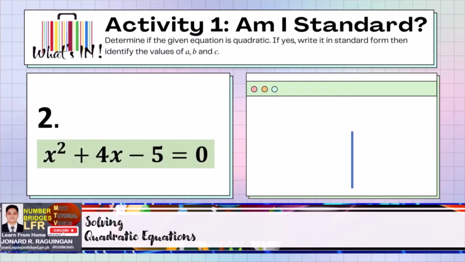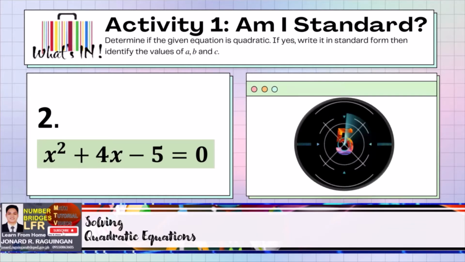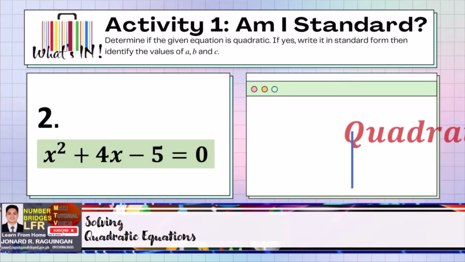Number 2. x squared plus 4x minus 5 is equal to 0. You have 5 seconds to answer that. Your time starts now. Time out. The correct answer is quadratic.